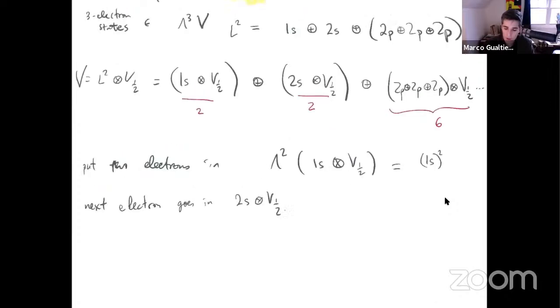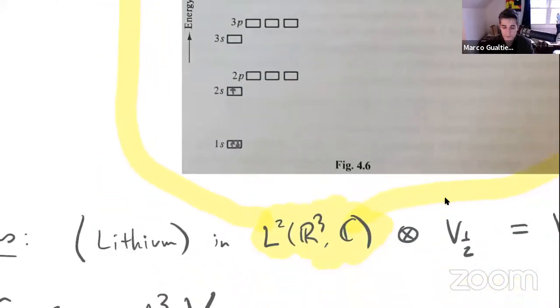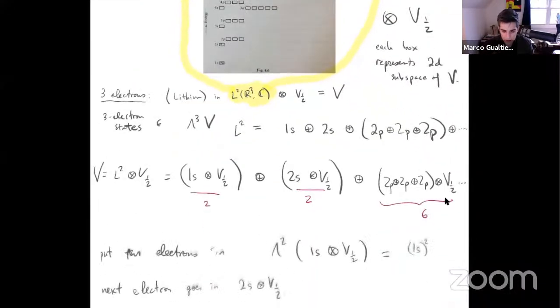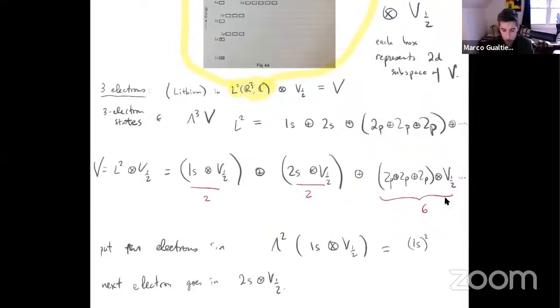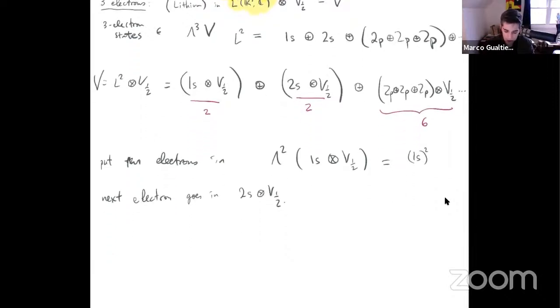So that would look like this. I was going a little bit too quickly, but the point is that the complete state would be wedge 2 of 1s tensor V1/2, tensored with 2s tensor V1/2.